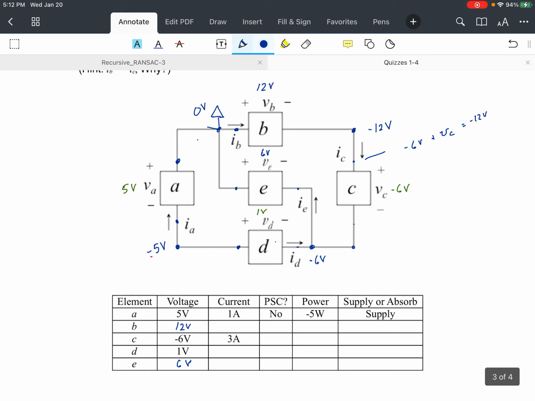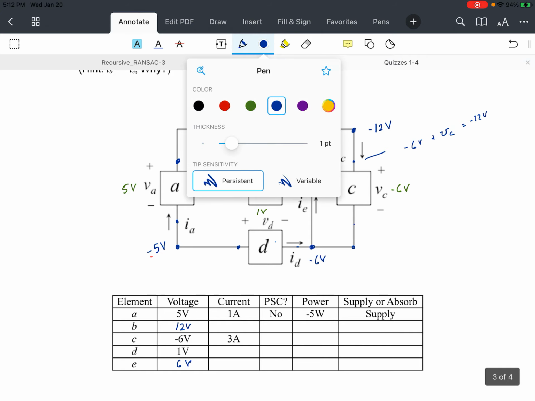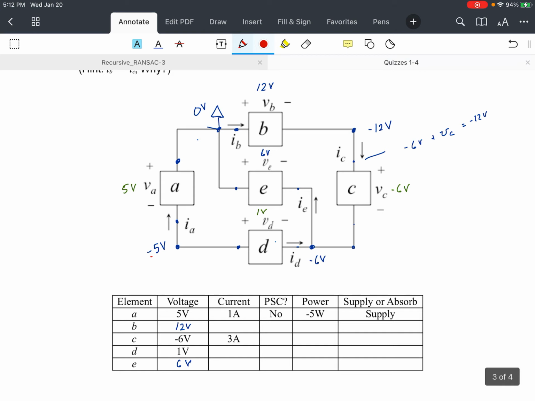Okay, now let's go in and label all of our currents. Maybe we'll label the ones we know in red. So the current through A here is going to be 1 amp. The current through C here is going to be 3 amps. That means 3 amps flows all the way along that direction, and 1 amp flows all the way along that direction.